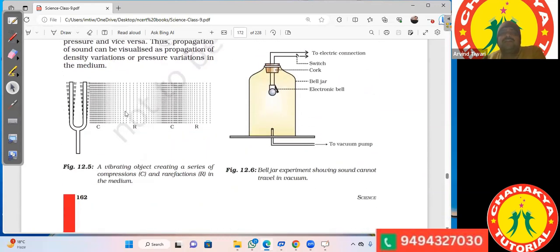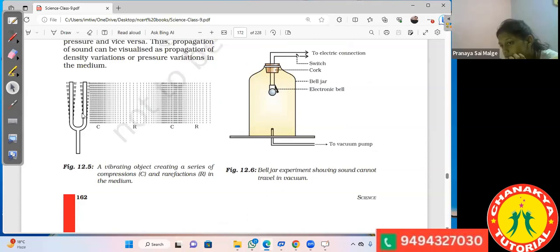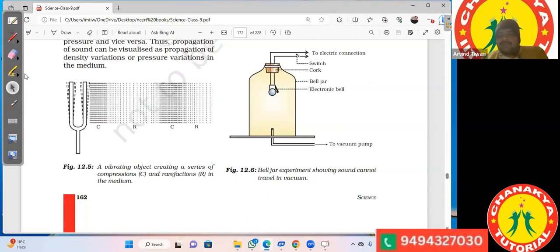This diagram fairly represents how sound waves travel through air. What's the name of this instrument that you see here? Tuning fork. Yes, this is the tuning fork.